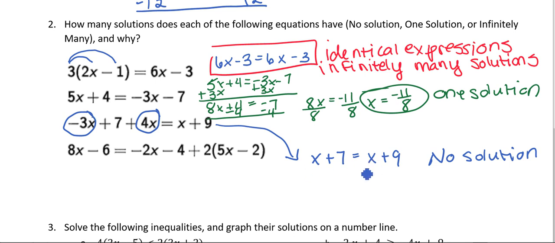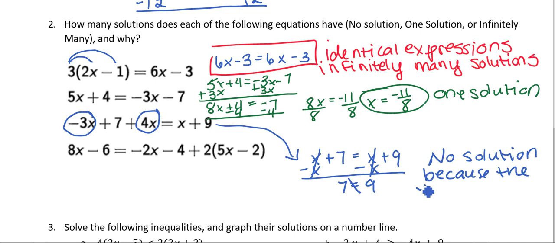So as soon as I subtract x from both sides, that's going to eliminate my x's, and now I have 7 equals 9, which is a false statement. So no solution, because the expressions can never be equal.